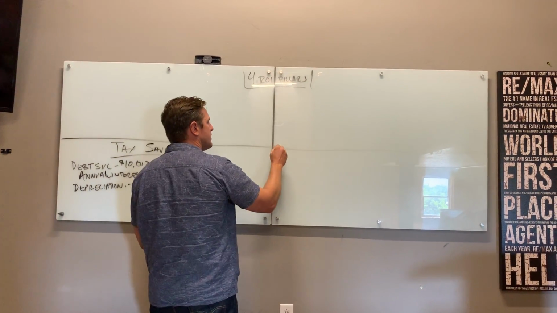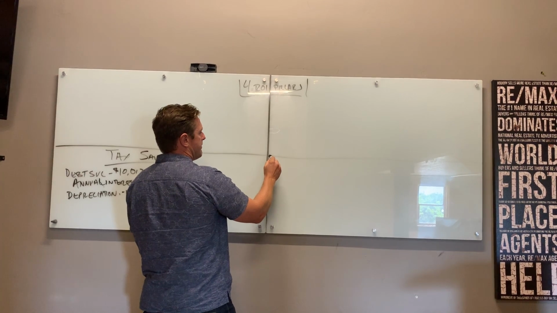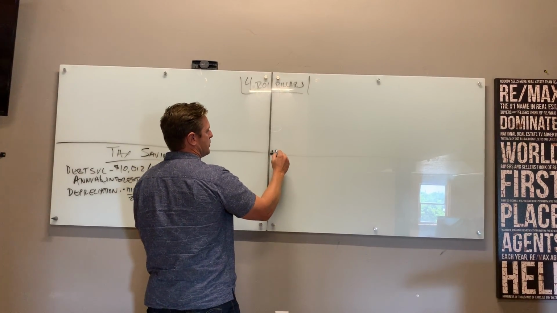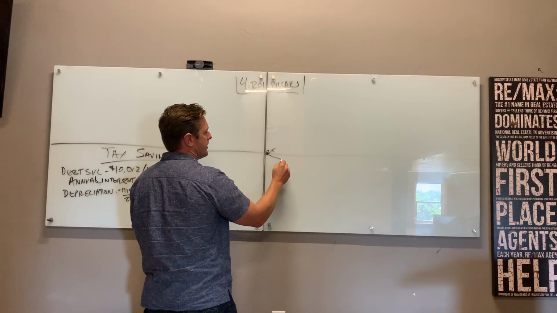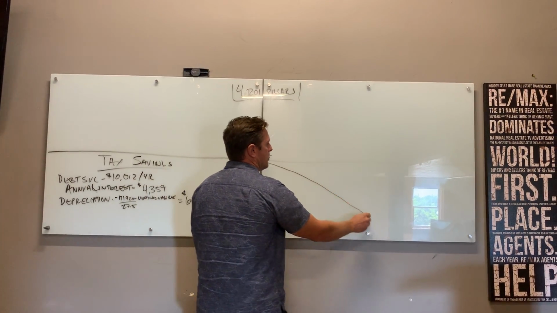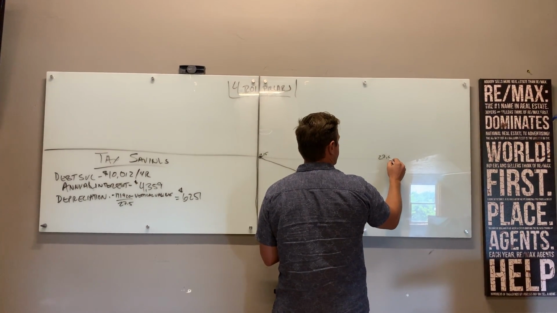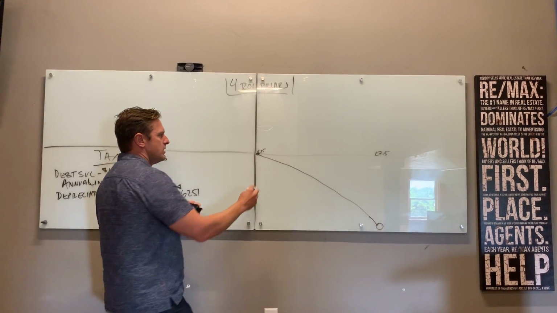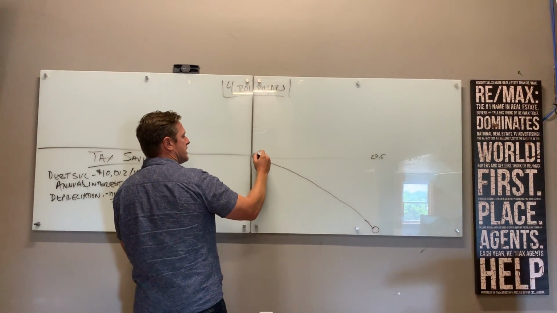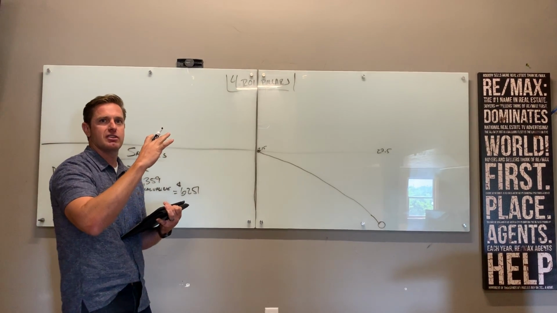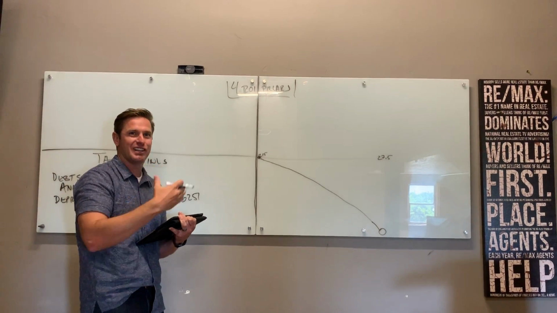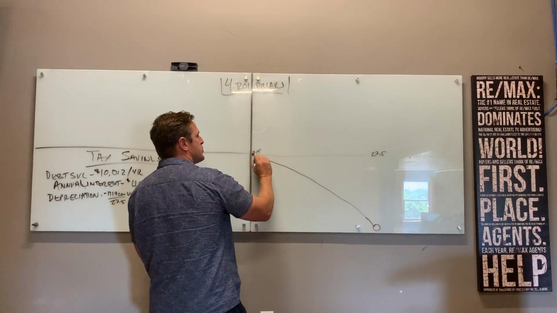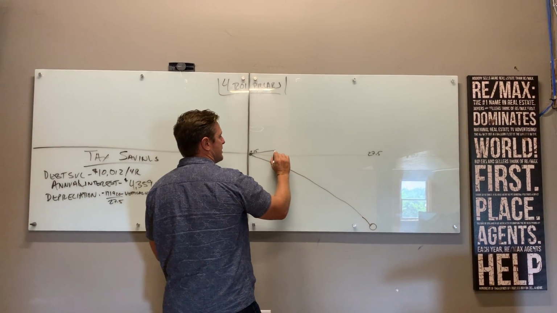You buy it right here at this price, we'll call it 215, and every year you drop $6,200, all the way to year 27 and a half, when you've depreciated this asset down to zero. In the meantime, this is more of an educational side for when you're talking to clients: your property is appreciating at 4% a year.